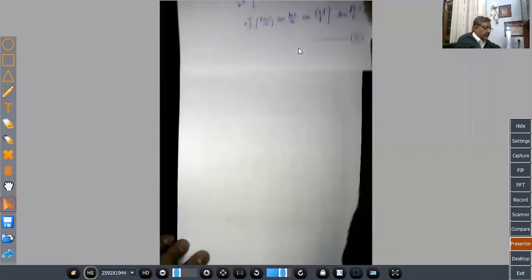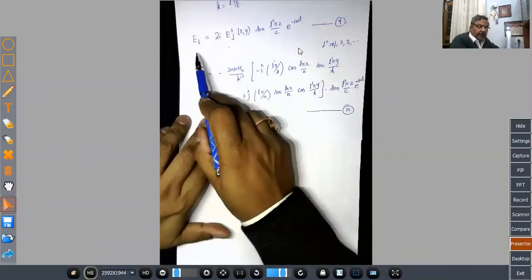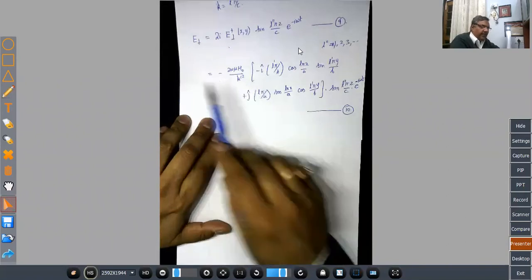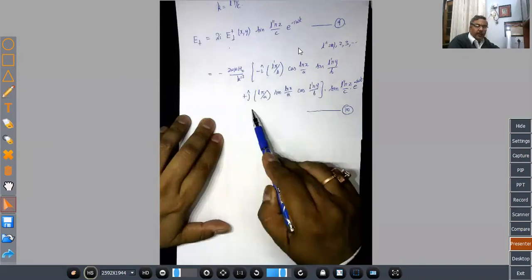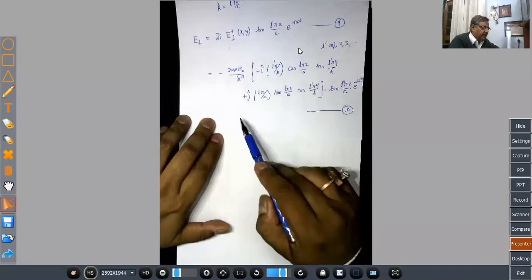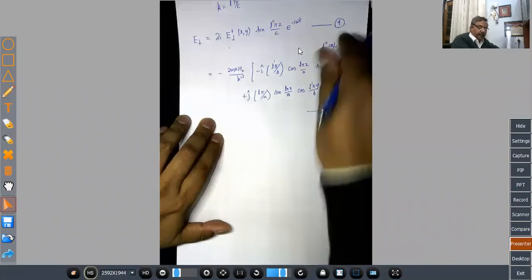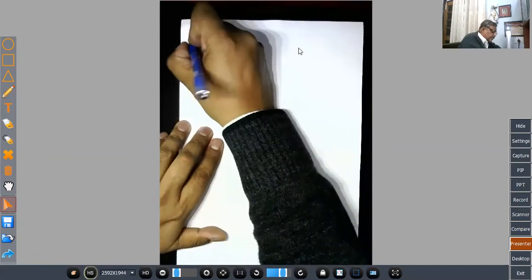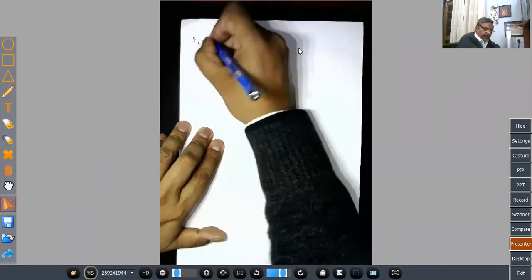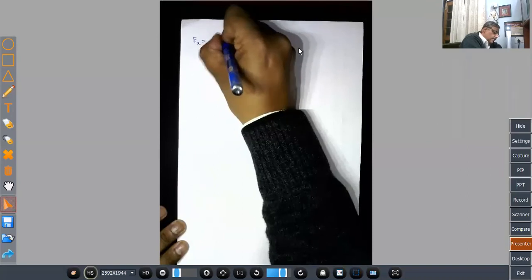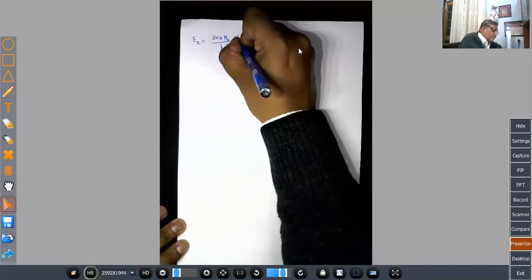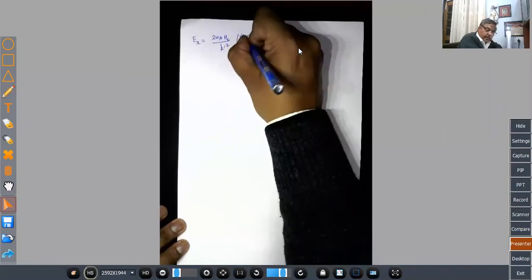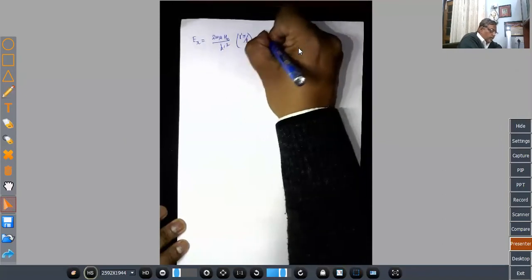This is E perpendicular. The x component of the electric field Ex will be this one and the y will be this one. So now we will separate both the components. We will write Ex and Ey from this equation. So we will break it, it will be square dash x.